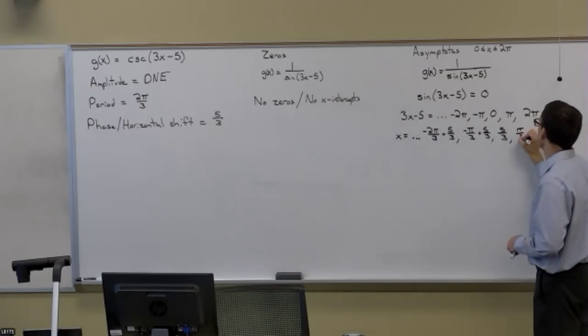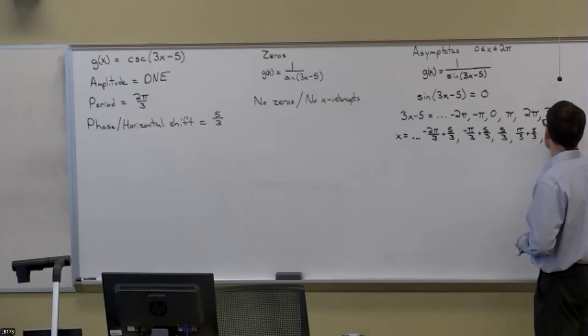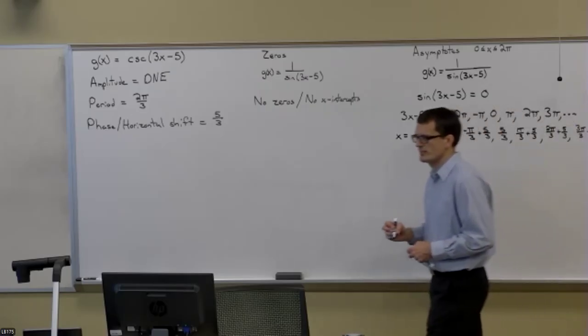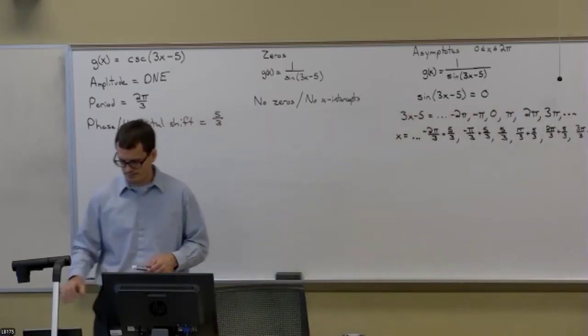Pi over 3 plus 5/3. 2 pi over 3 plus 5/3. 3 pi over 3 plus 5/3. And then I just keep going and going and going.